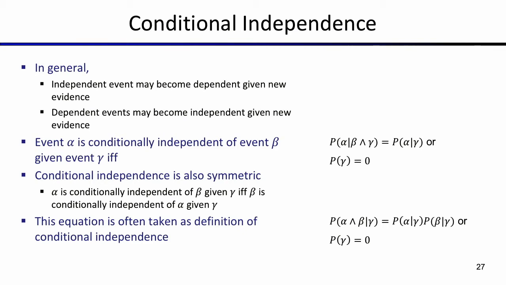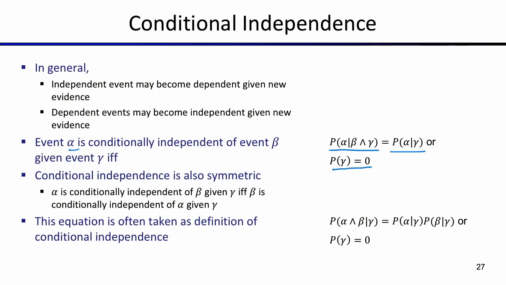An event alpha is conditionally independent of an event beta given an event gamma if and only if we have this property here: the probability of alpha given beta and gamma is equal to the probability of alpha given gamma, as long as the probability of gamma is not 0.